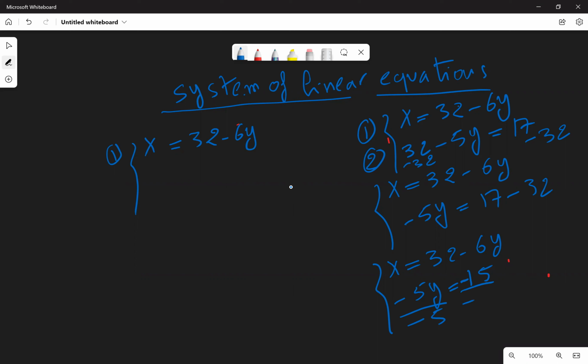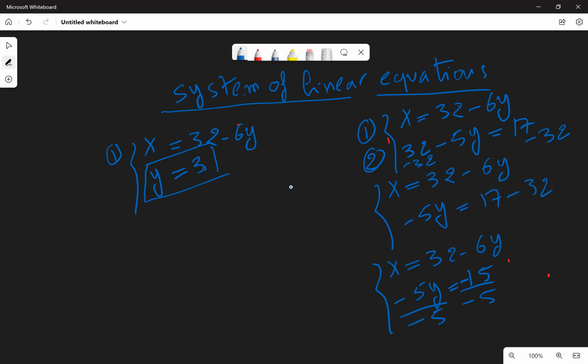What I do to the left side, I have to do to the right side because this is an equation. I get y equals minus 15 divided by minus 5. That's a positive sign, and 15 over 5 is 3. So now I got my y.